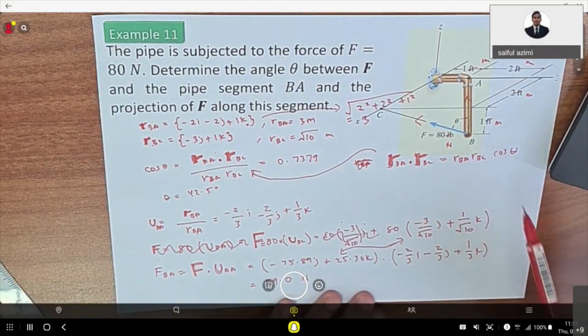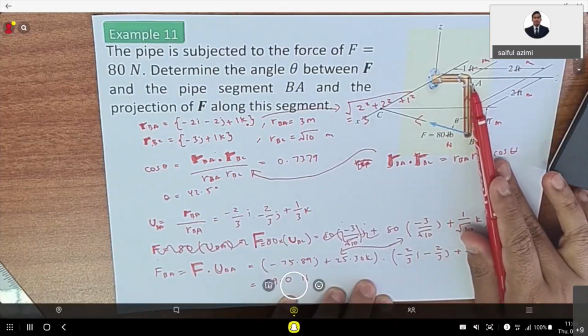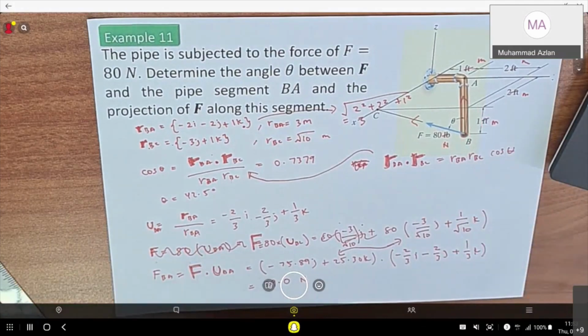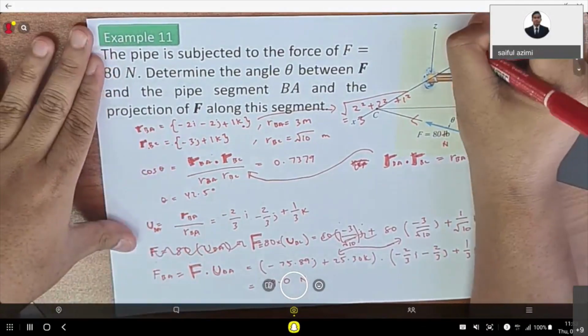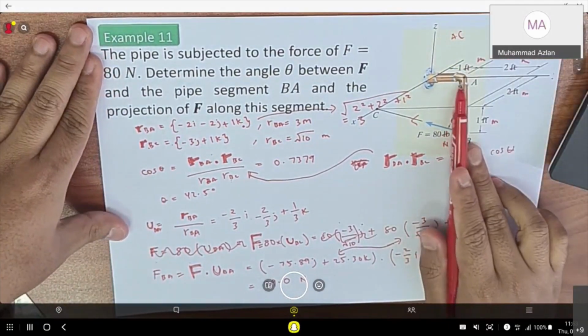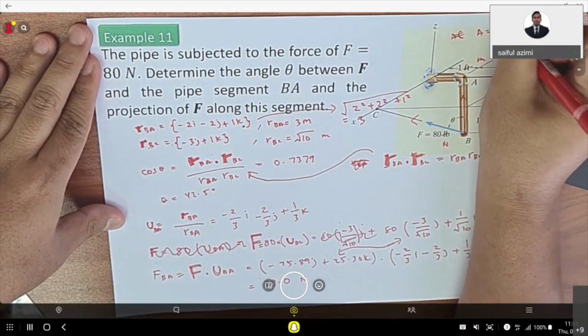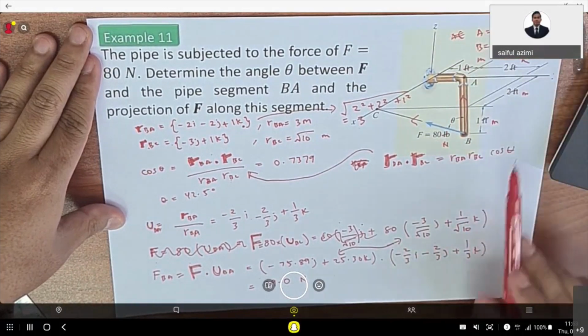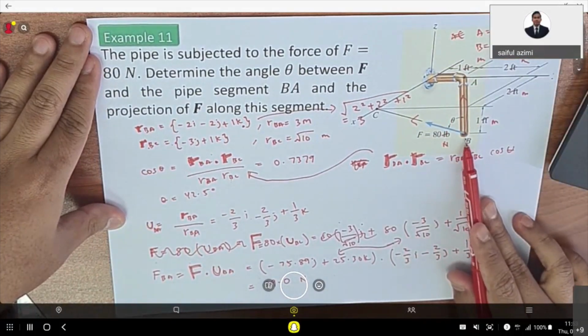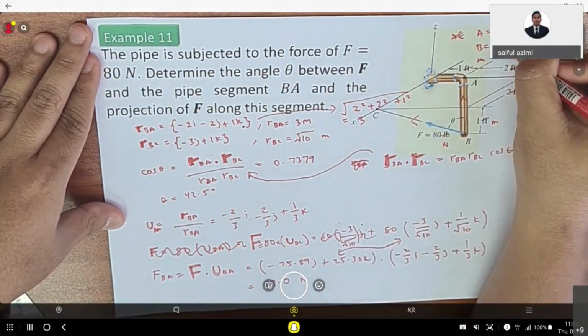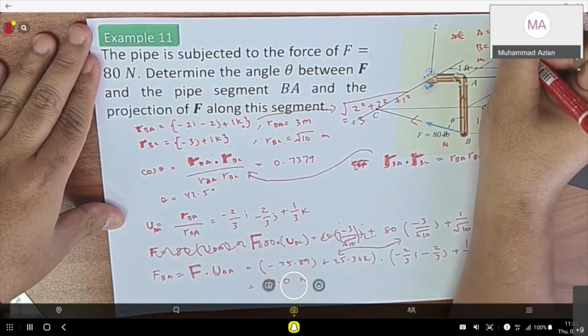Right now, what is the position of A? A is just 1j, 1 meter.